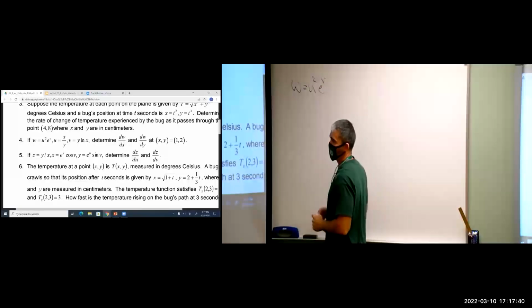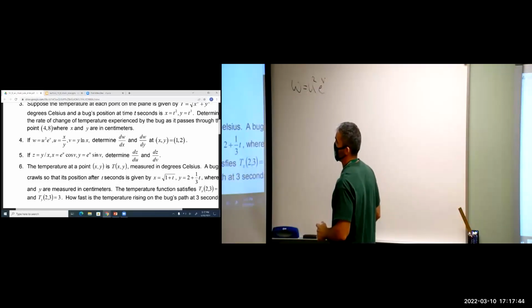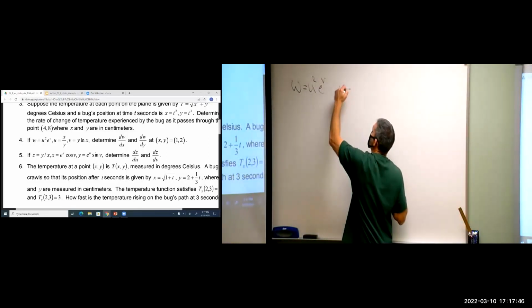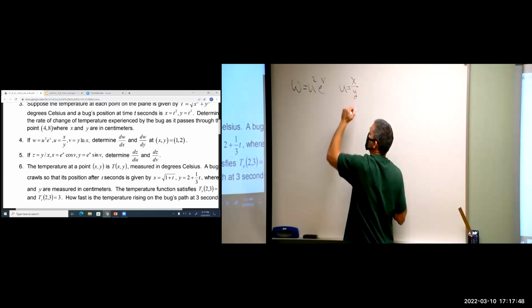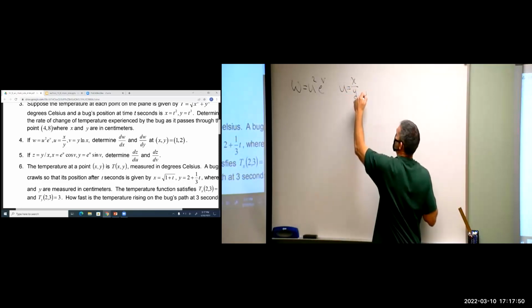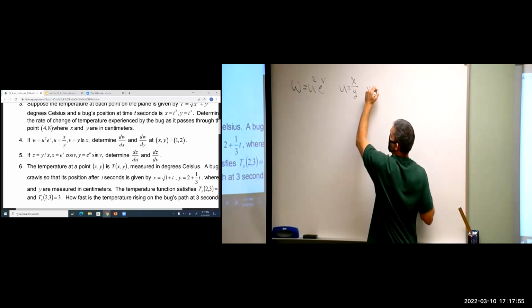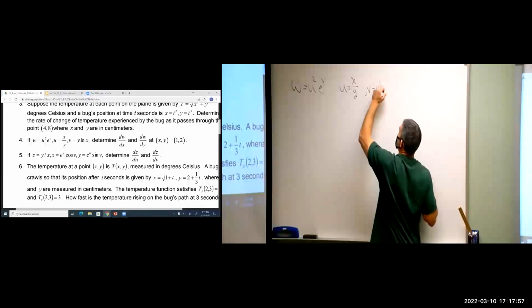So w is a function of u and v. And then we have that u is x over y, and v equals y ln of x.